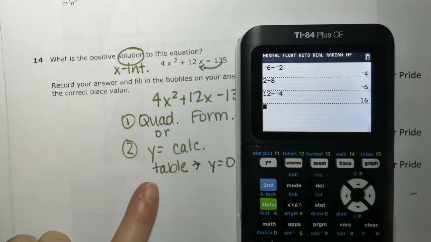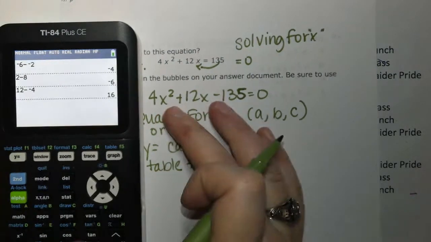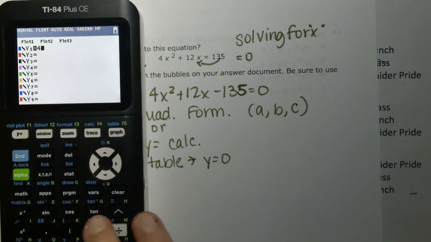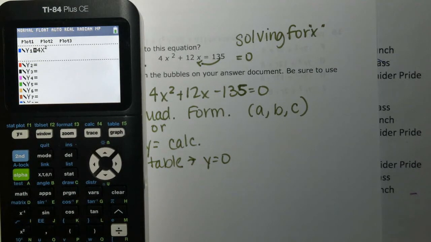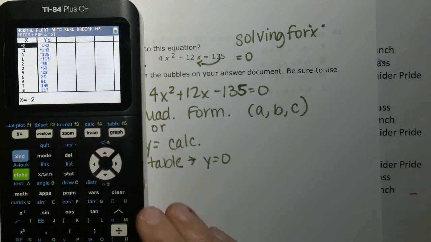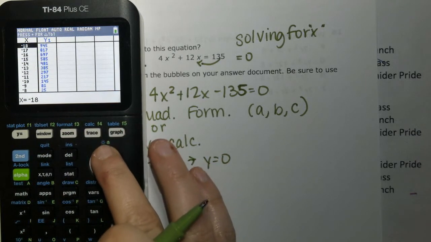I'm going to put it in y equals, and I'm just going to put in what I have here: 4x squared plus 12x minus 135. And then I'm going to go to my table and look to see where y is 0.